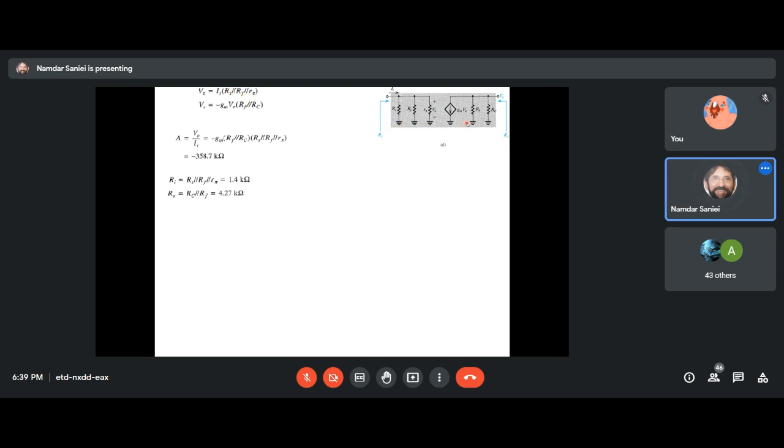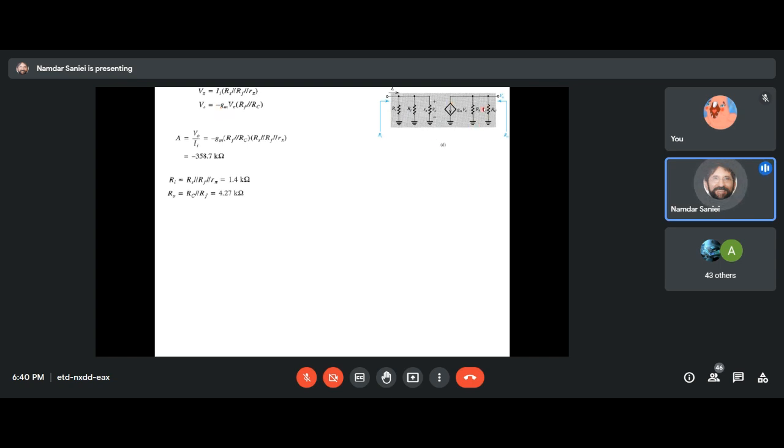But on the other hand, VO is this GM V pi, which goes through the parallel combination of RF and RC. Of course, because it goes from ground up, the voltage that it gives us is negative of what we have for VO to ground, right?